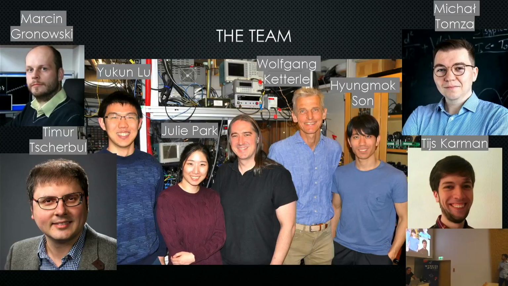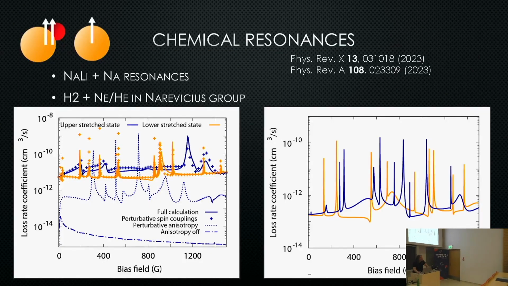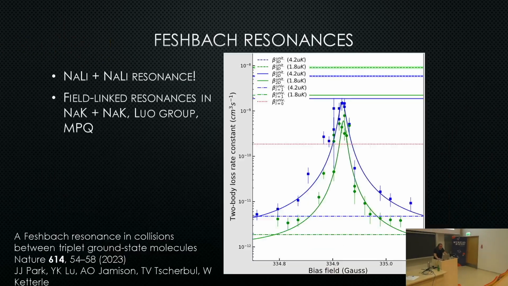So this standard model that's used for universal loss, the Idziaszek and Julienne paper from 2010, has a single parameter that describes the deviation from full loss at short range. That parameter tells you how much you can achieve above universal based on your background loss rate.